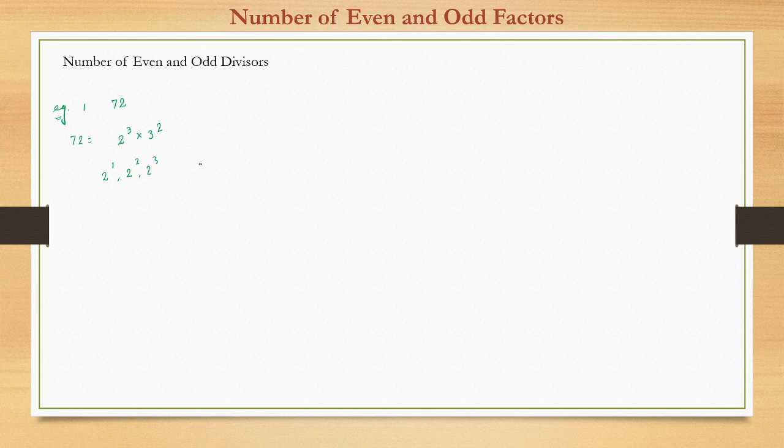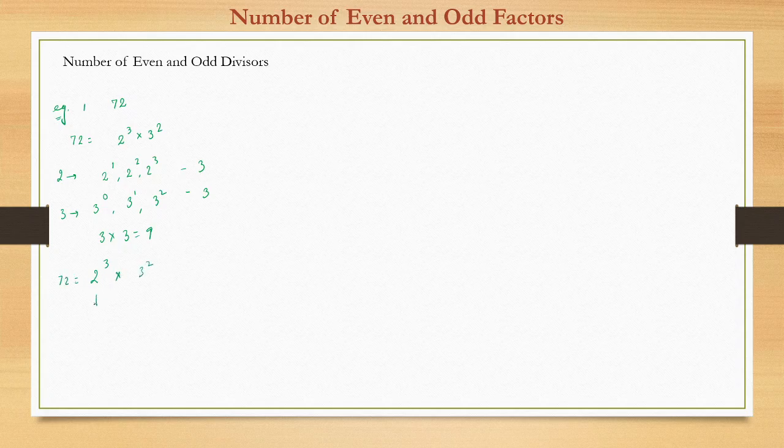And what about the powers of 3? Powers of 3 can take any power, ranging from 0 to 1 to 2. So now how many choices do we have? Here we have three options, here we have three options, total 3 into 3, 9. So basically what we need to understand is that 2 raised to power 3 into 3 raised to power 2, 72, we are writing.